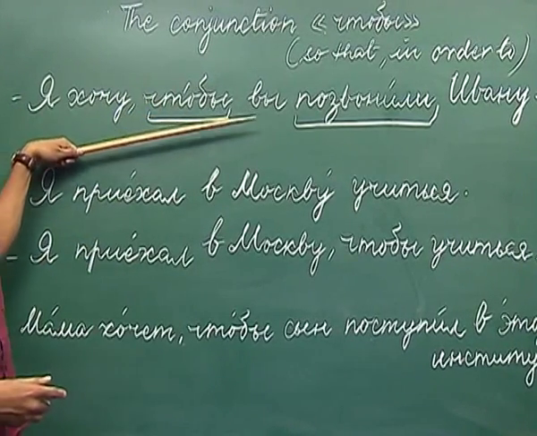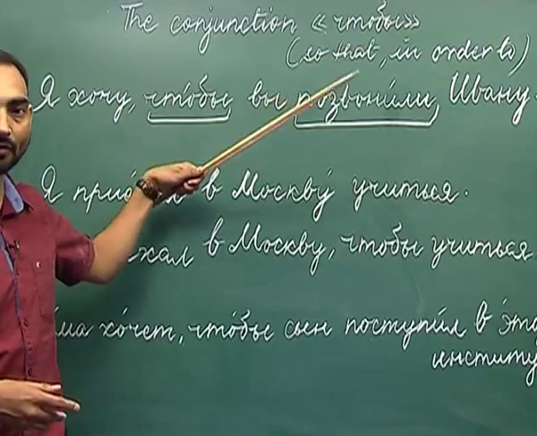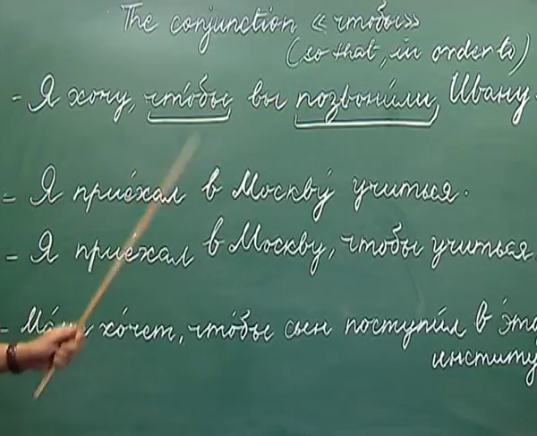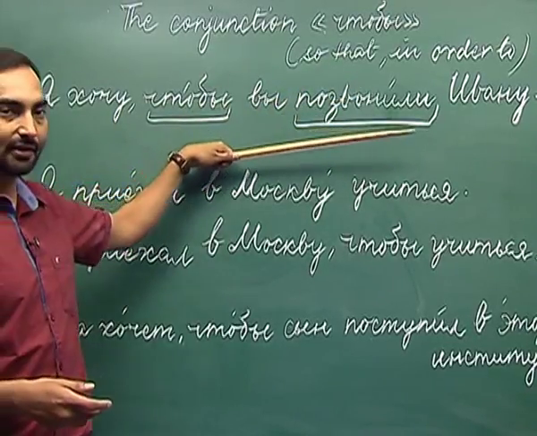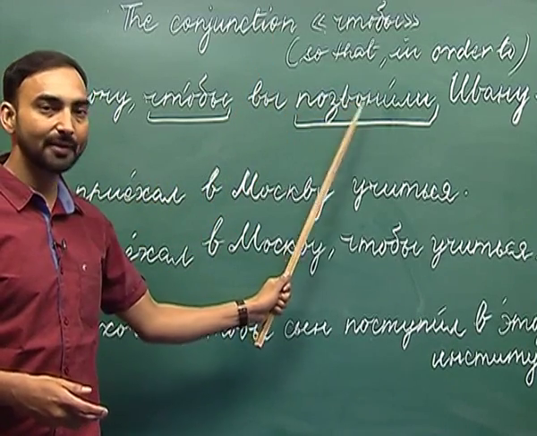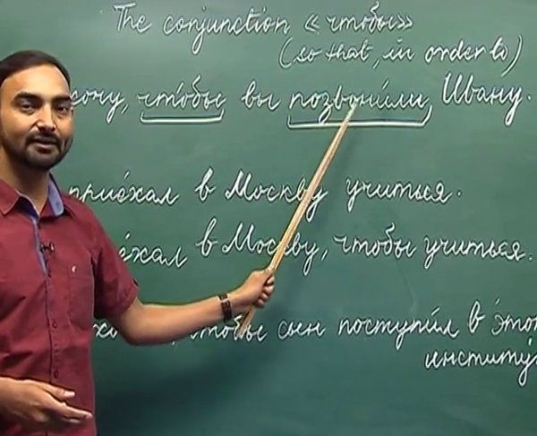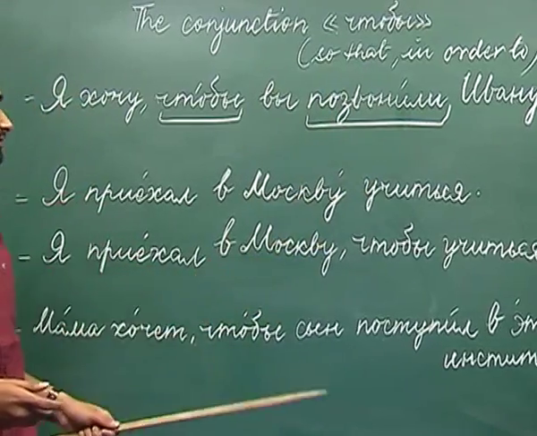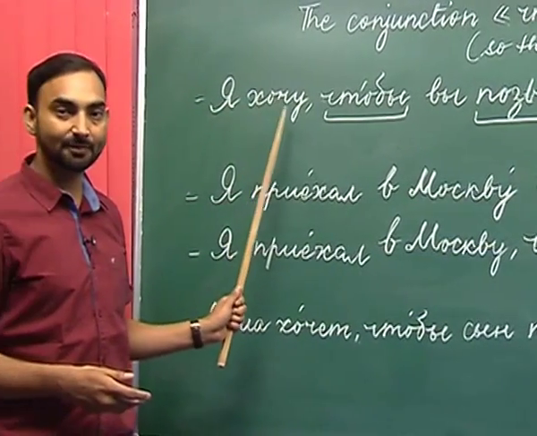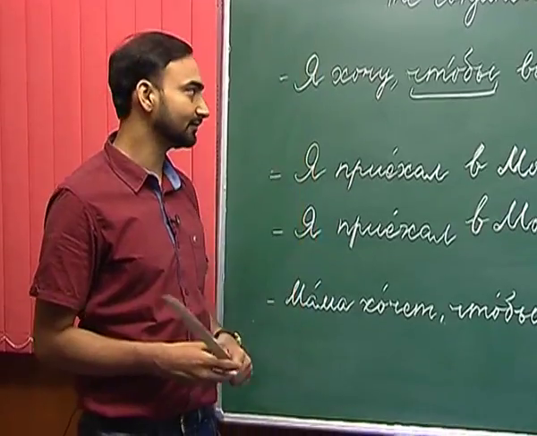So, shtoby is used to introduce the subordinate clause, and one more important thing here is the verb in the subordinate clause is in the past tense, whereas the verb in the principal clause is in the present tense.